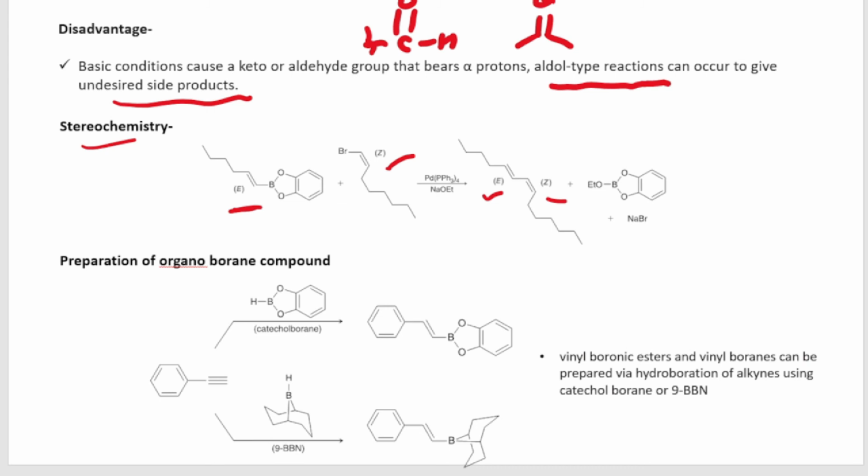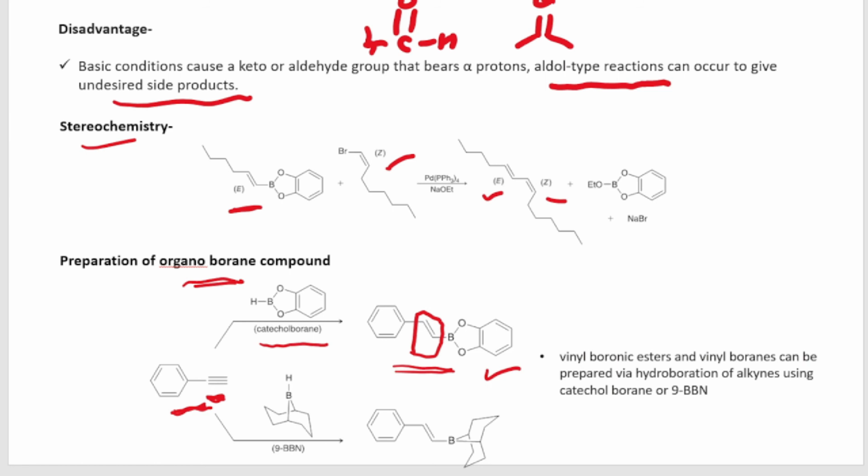And how do you prepare this organoborane compound? If you start with a triple bond alkyne, your organoborane or organoboric acid will contain a double bond. So here this is phenyl acetylene, reacting with catechol-borane, you will get this phenyl styrene.